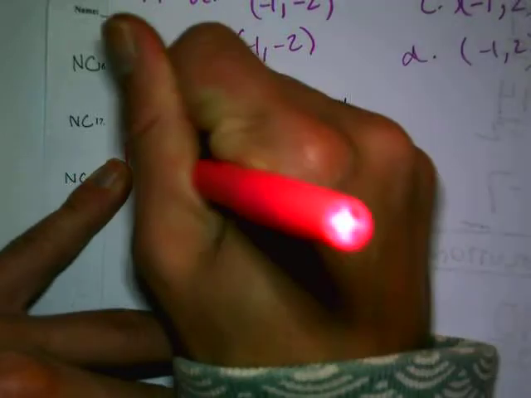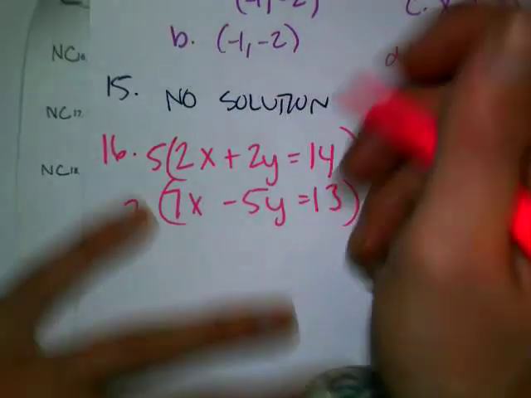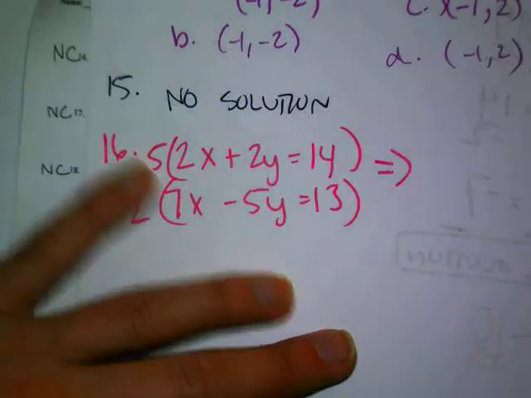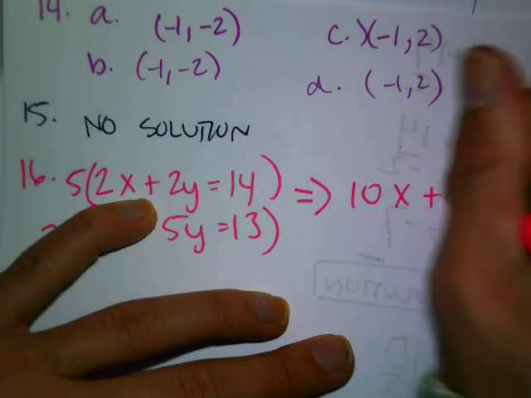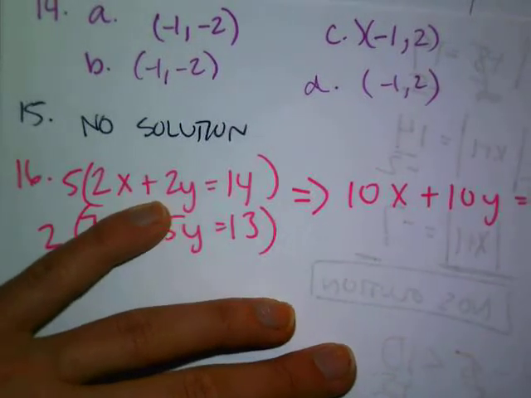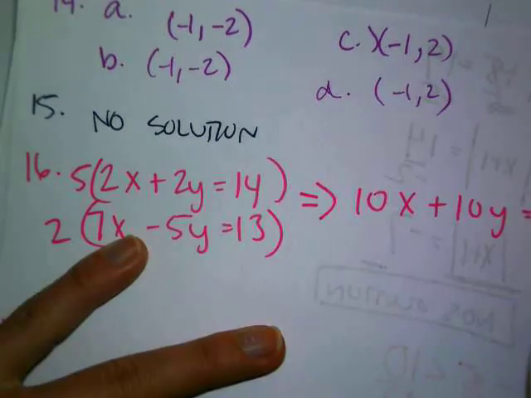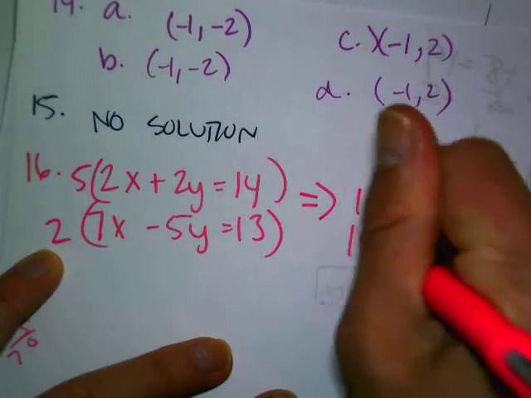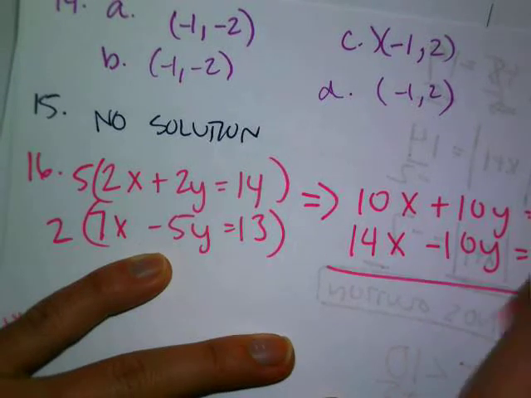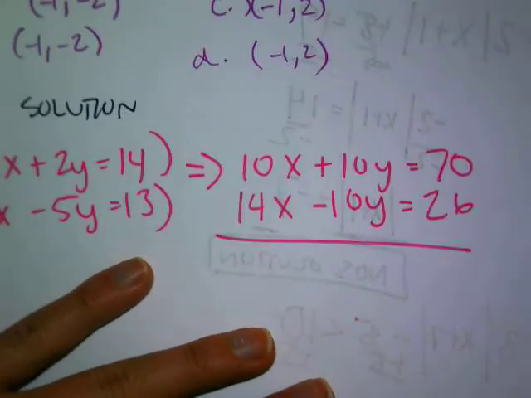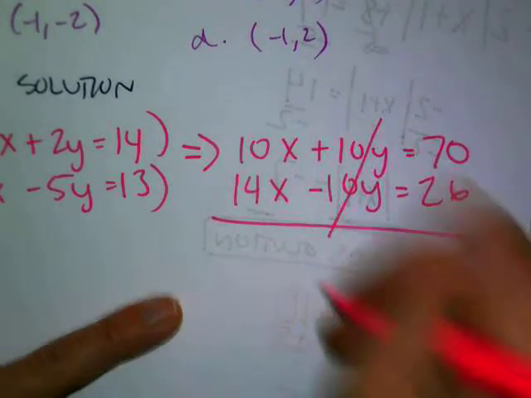So I'm going to multiply this whole equation by 5, this whole equation by 2. After I do that, I get 10x plus 10y equals, 14 times 5 is 70. Then down here, 14x minus 10y equals 26. The y's cancel.